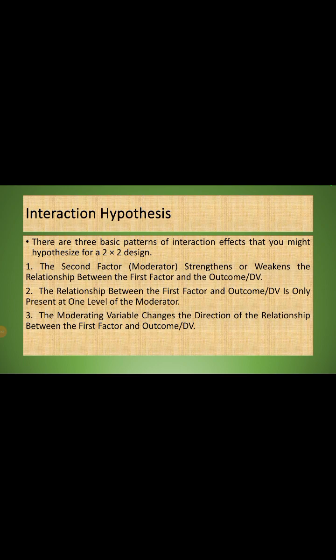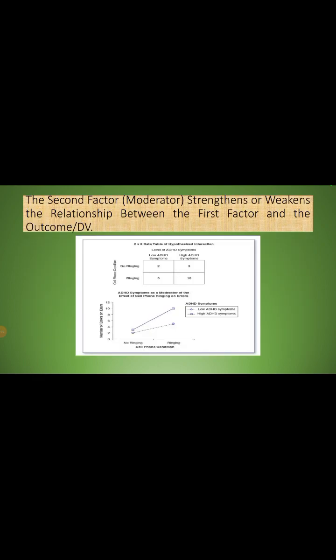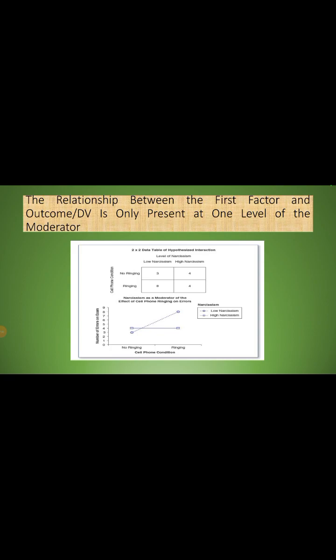Number 2, the relationship between the first factor and the outcome, which is the dependent variable, is only present at one level of the moderator.